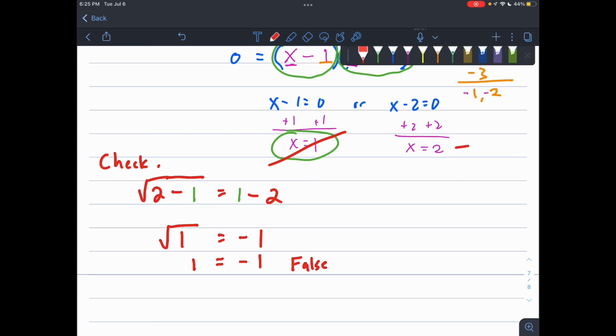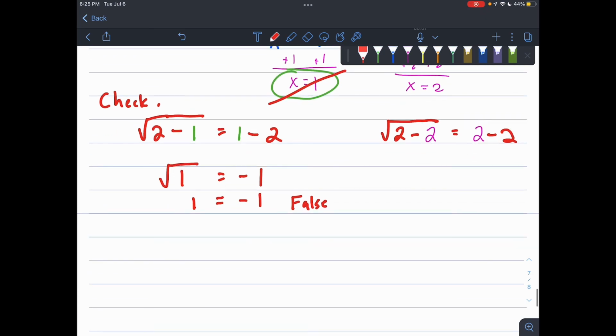And we'll try 2. So we've got square root of 2 minus 2 equals 2 minus 2. 2 minus 2 is 0. 2 minus 2 on the right is 0.